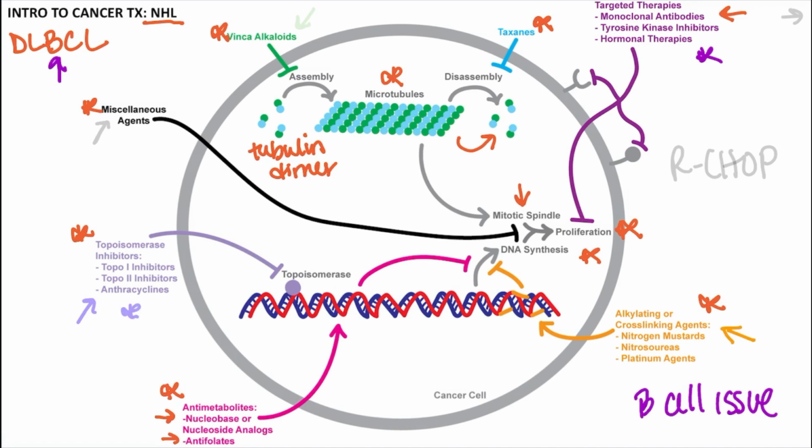The O in R-CHOP stands for Oncovin, which is the brand name for a vinca alkaloid known as vincristine. And lastly, the P stands for prednisone, which is our miscellaneous agent we discussed today. And notice that every single agent in the R-CHOP regimen hits a different cancer cell target to elicit its effects. So moving to our next slide.